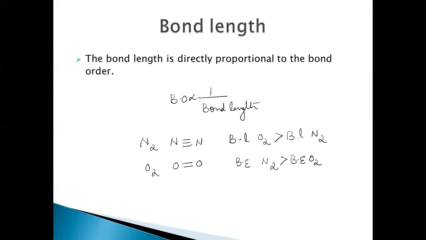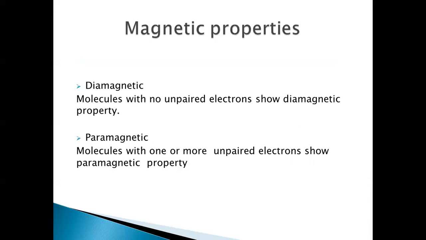It is just inversely proportional. Here, the bond dissociation energy is more for nitrogen, so the bond length will be less. For oxygen the bond dissociation energy is less, so the bond length will be more. That is just the reverse. So we can explain the stability of the molecule based on the bond order, the bond dissociation energy, and the bond length.